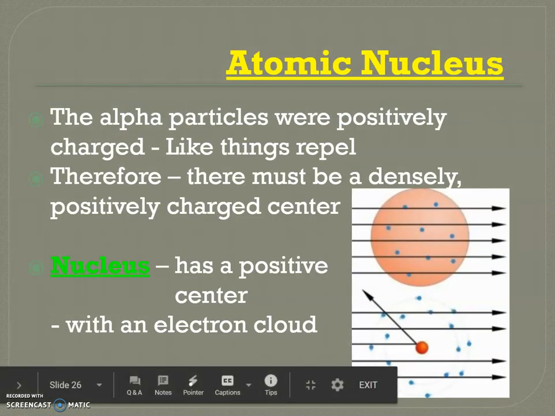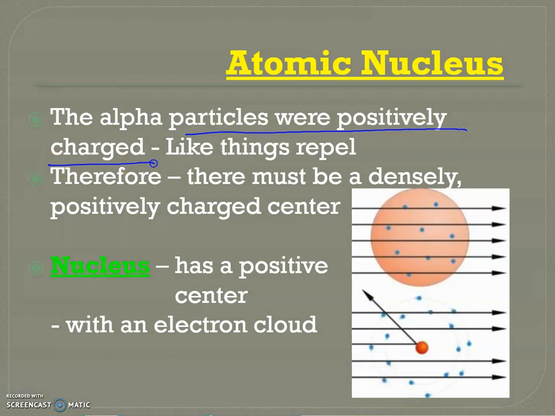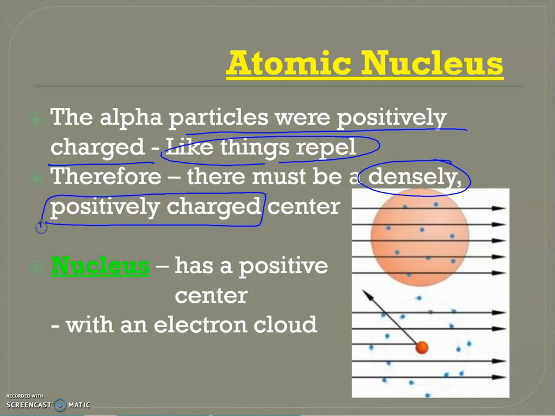The alpha particles, like I said, are positively charged, and like things repel. So there had to be some sort of dense, positively charged center. I would definitely star, circle, highlight that, because that is the key concept for our nucleus: a dense, positively charged center.